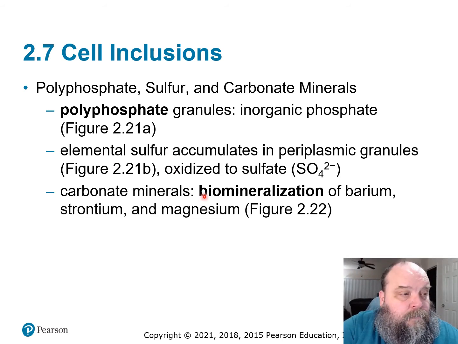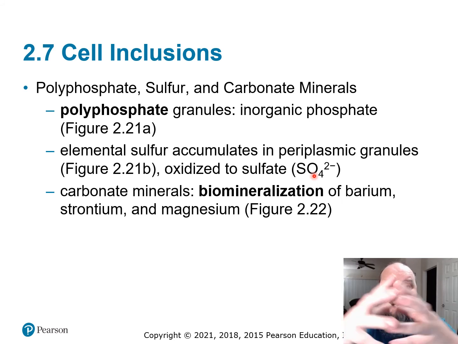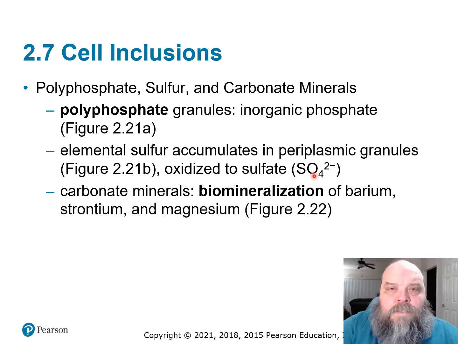Same with sulfur. They call it periplasmic granules, where you just take a bunch of sulfur-containing compounds and just glom them together. Boom, boom, boom, boom, form almost this pseudo-crystal-like structure. Stored, it's there. You can break it down or break off little bits of it later and use what you need. Leave the rest stored.